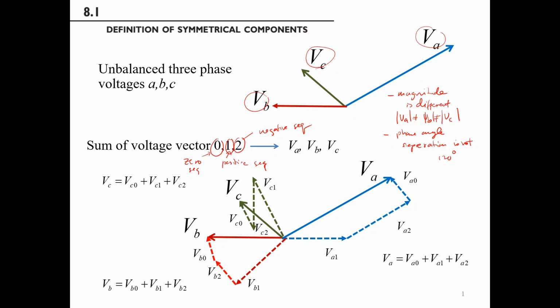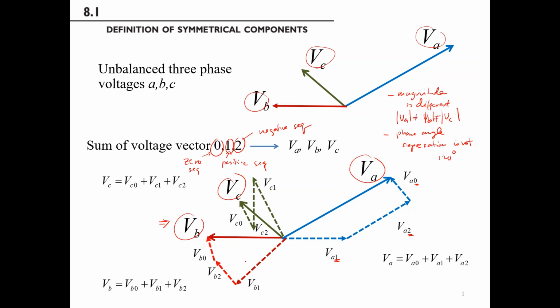Now this is the picture of the phasors A, B, and C. You can see VA, VB, and VC. We are trying to express VA as a sum of the vector components 1, 2, and 0. Can you see this? VA is expressed in terms of VA1, VA2, and VA0. Let's take a look at VB.